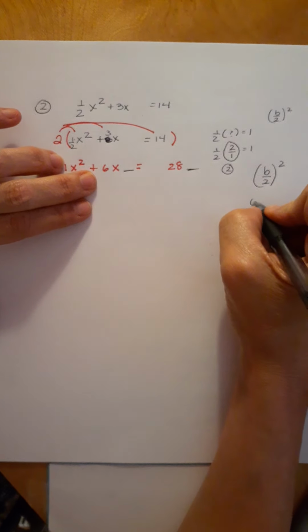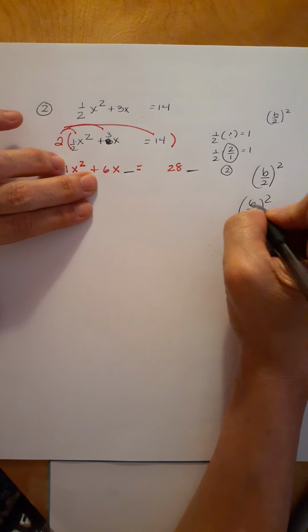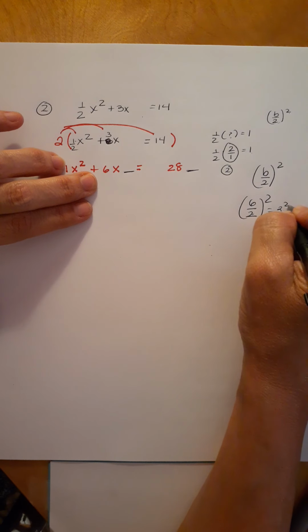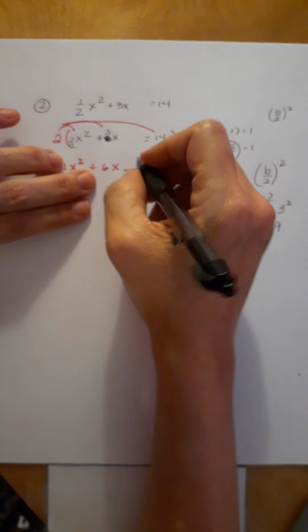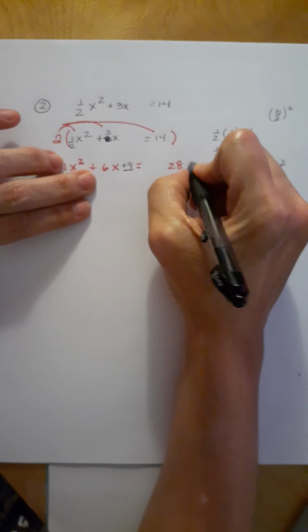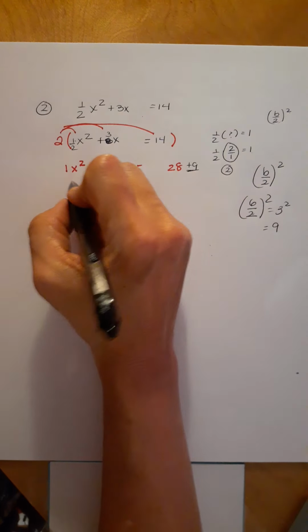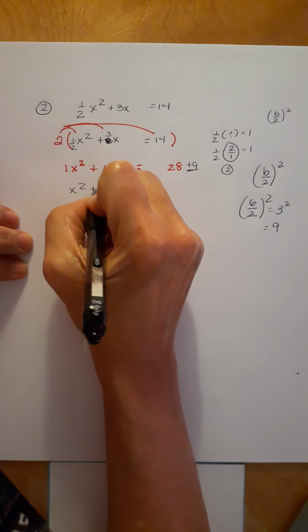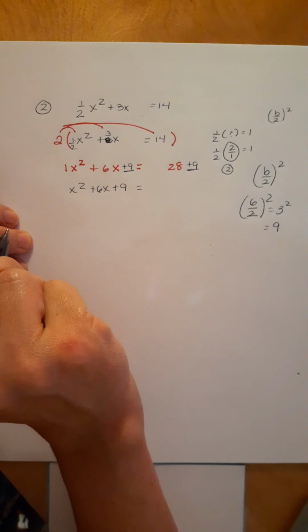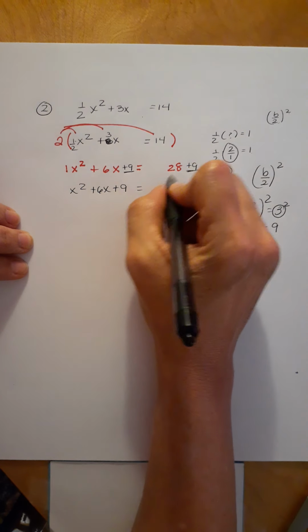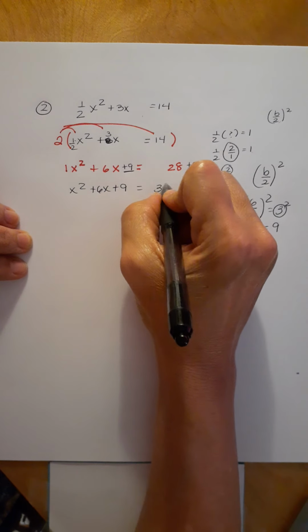Okay, so 6 over 2 squared. What's 6 divided by 2? 3. So that's 3 squared, which is equal to 9. Okay, so that means I have to add 9 to both sides. And what that does for me is I get x squared plus 6x plus 9. Okay, keep in mind that here it's 3, right? And that's 28 plus 9, which is 37.